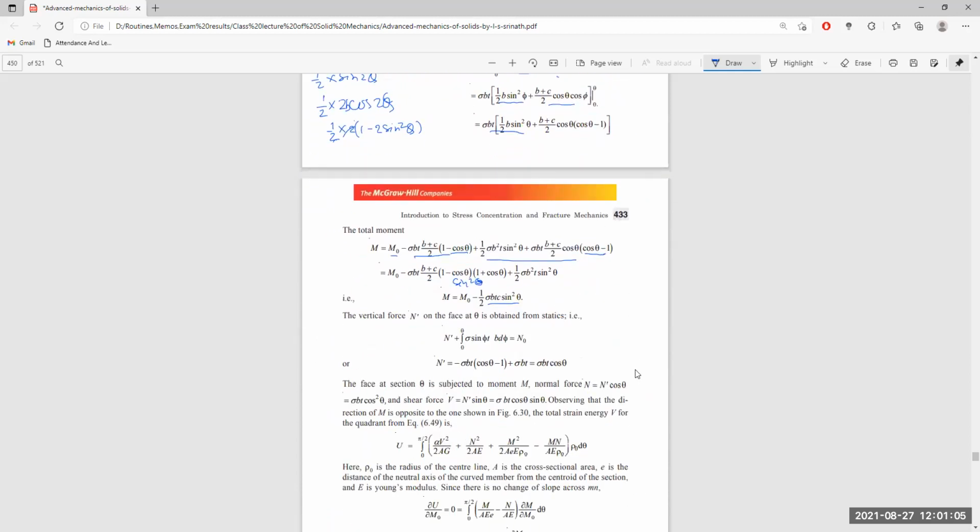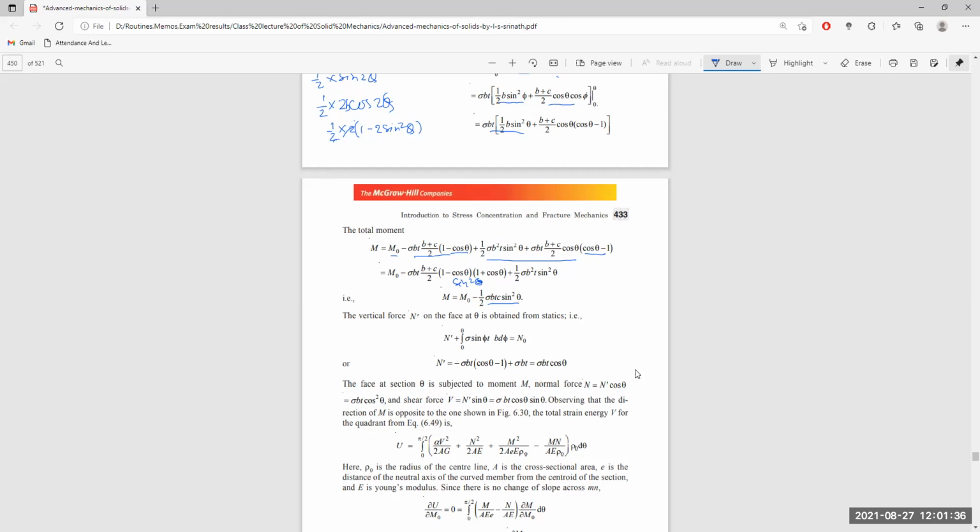Now the vertical force N on the N dash on the face is released from the static. N dash itself, and sigma sin phi, that distributed force for this angle, is sin phi into t into b into d phi itself. If we take the integration from 0 to theta, this will create the downward deflection, which will be balanced by the force N dash.